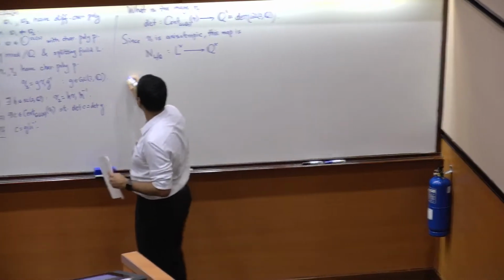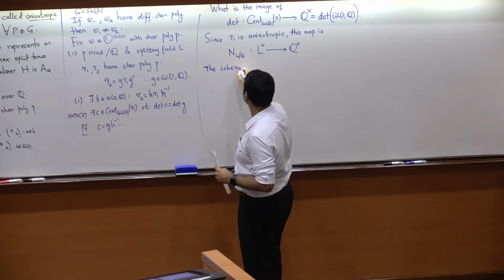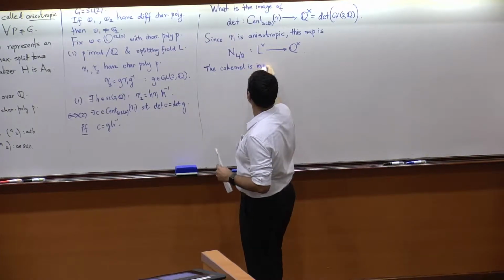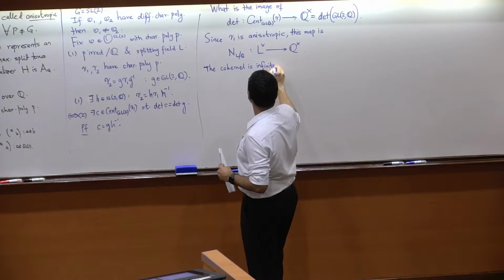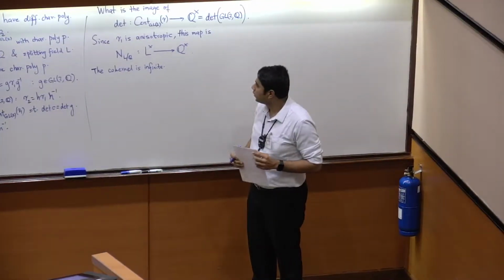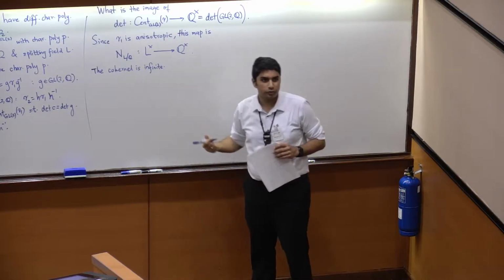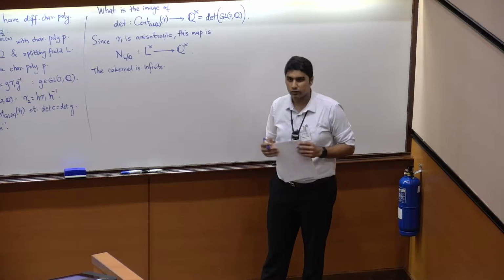So typically, the co-kernel is infinite. I don't know an obvious way to see that, but I looked up a paper, and one of the conclusions of that paper is that this is infinite.